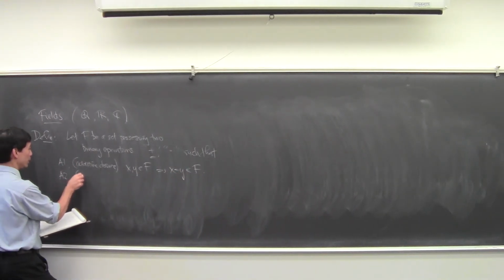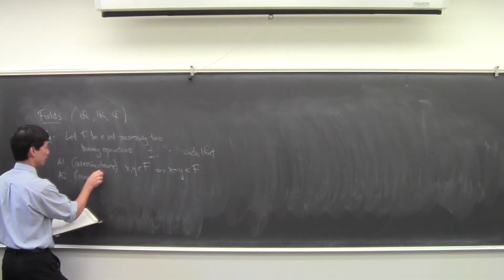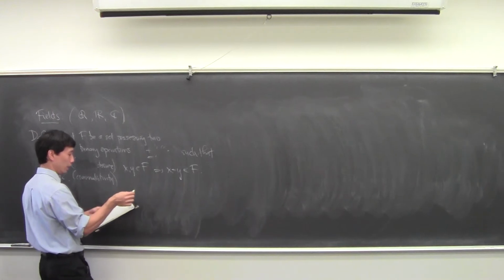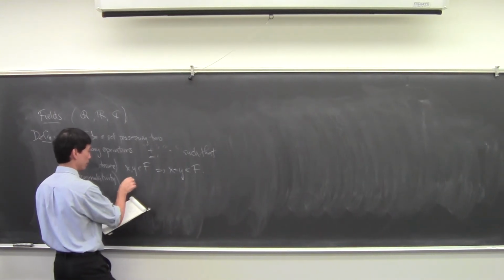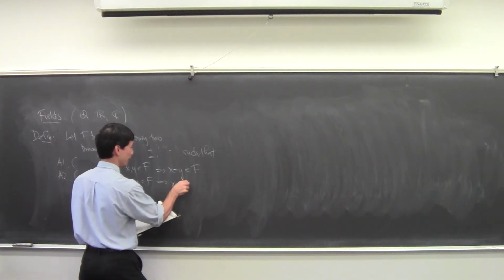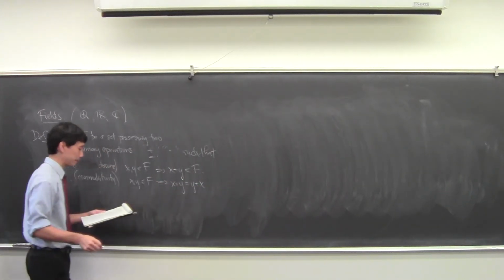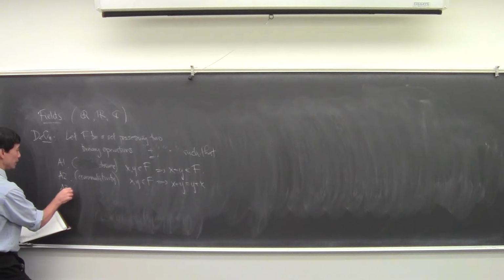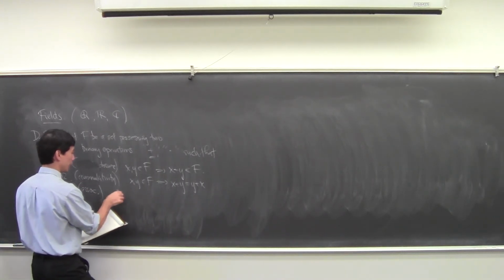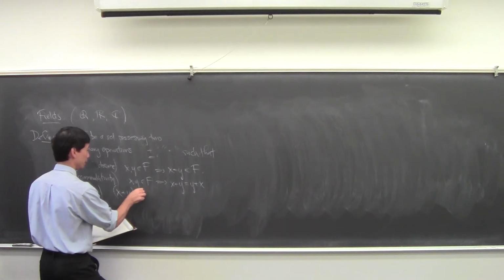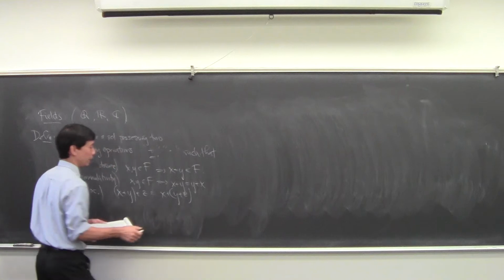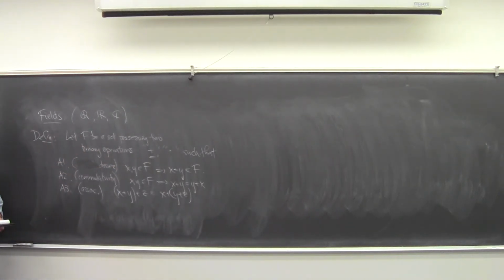Number two, commutativity of addition: whenever you have two guys in the field and you add them together, it doesn't matter what order you add them. Associativity: if you add two guys and then add on the third guy, it's the same thing as if you add the latter two first, then add the first guy onto the sum of the latter two.